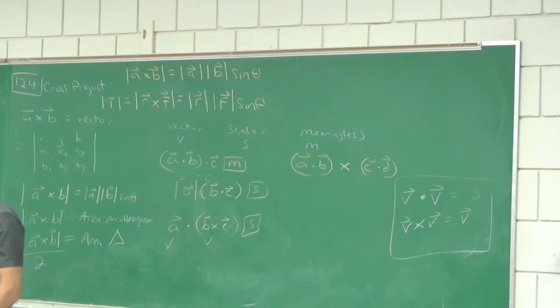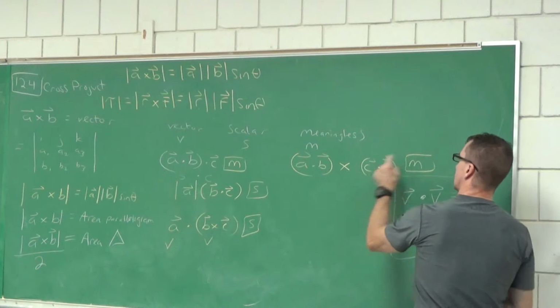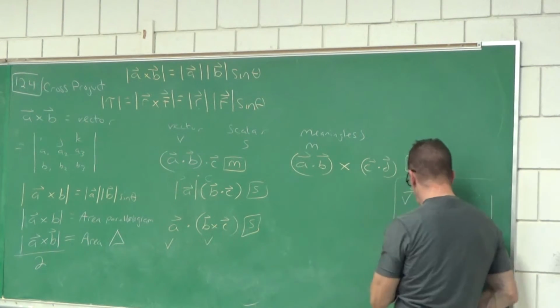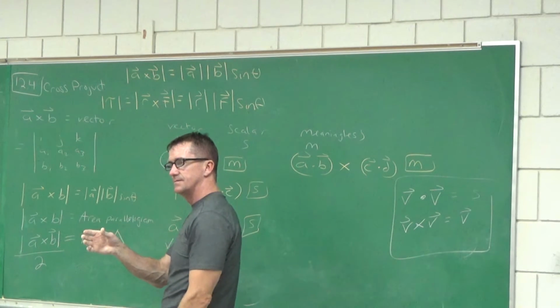It's a scalar times scalar, so it doesn't have any meaning. What do y'all think? It's meaningless, right? Totally meaningless. That's a scalar. You can't have a scalar inside of a what? Cross. Between a cross is two vectors, right?